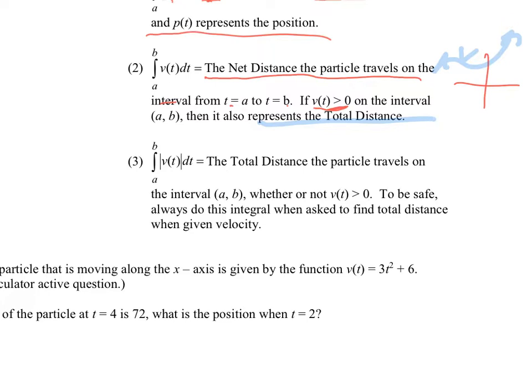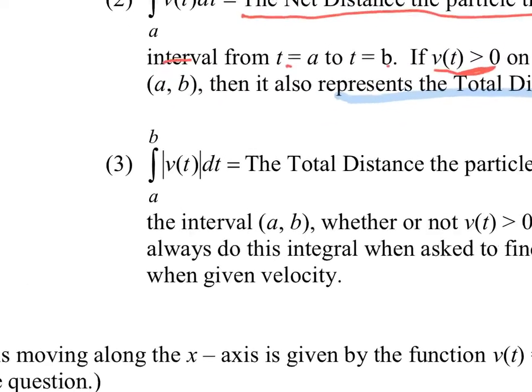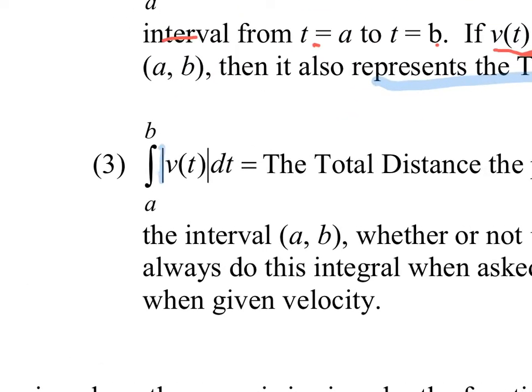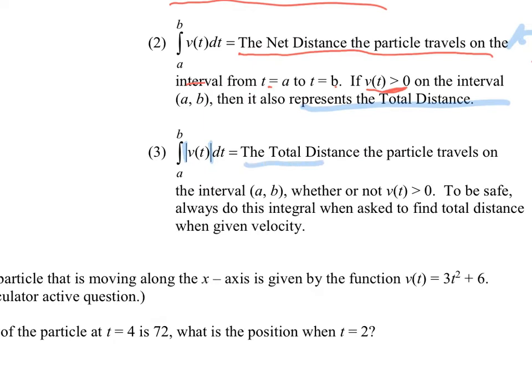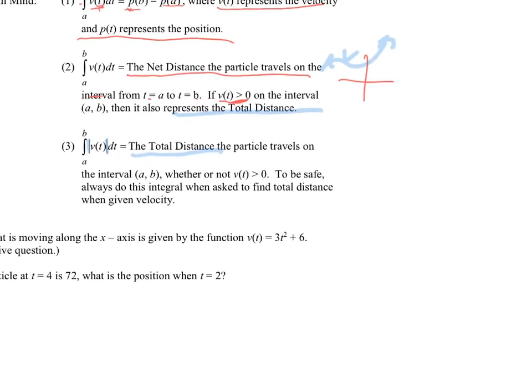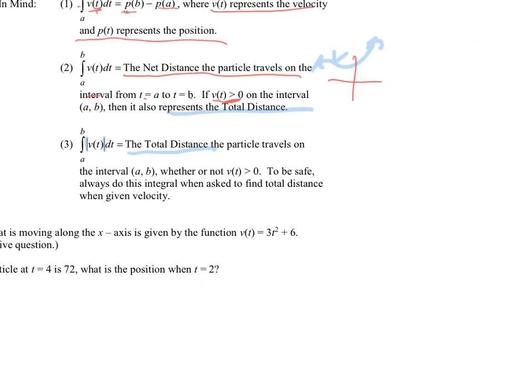Number three, if you're integrating from A to B and you're taking the absolute value of your velocity graph, this would definitely be the total distance for sure. If you don't use the absolute value, like the example in step 2, it's because you may have a velocity graph that is behaving more like this.